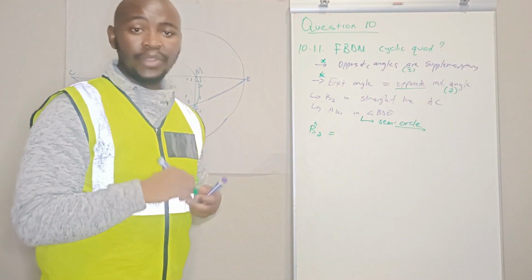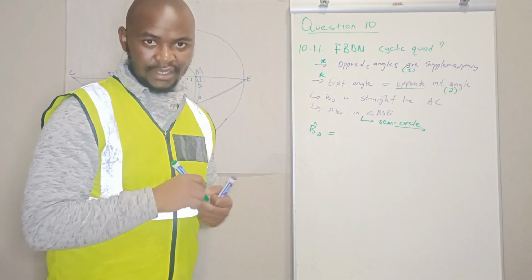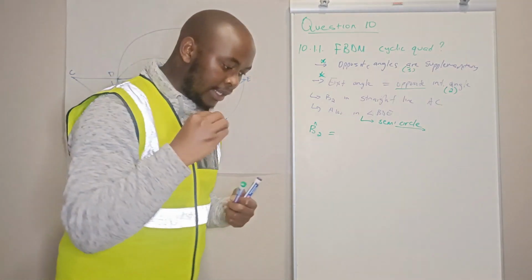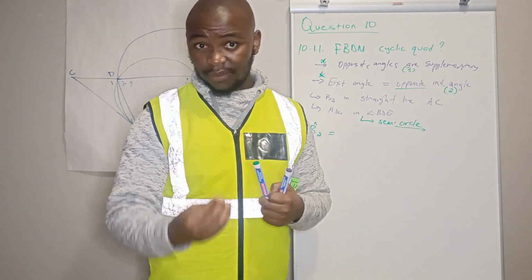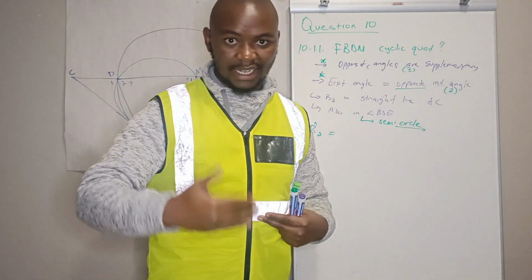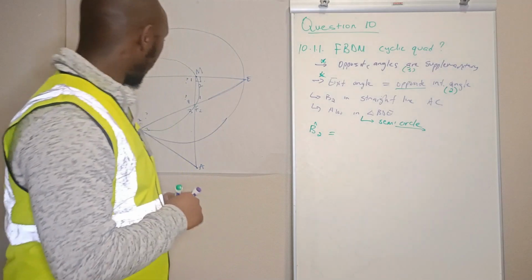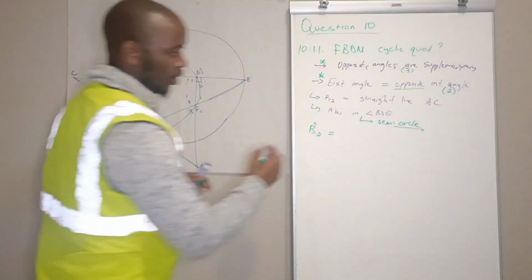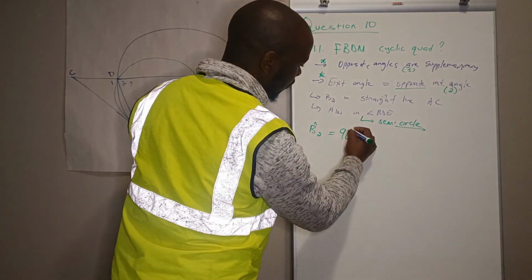There's a theorem that says an angle subtended by a diameter is equal to 90 degrees. This theorem comes from the fact that an angle at the center is twice the angle at the circumference. And therefore B2 is equal to 90 degrees.